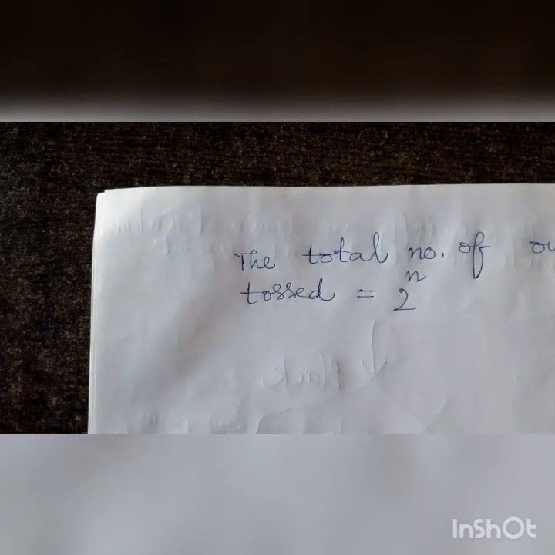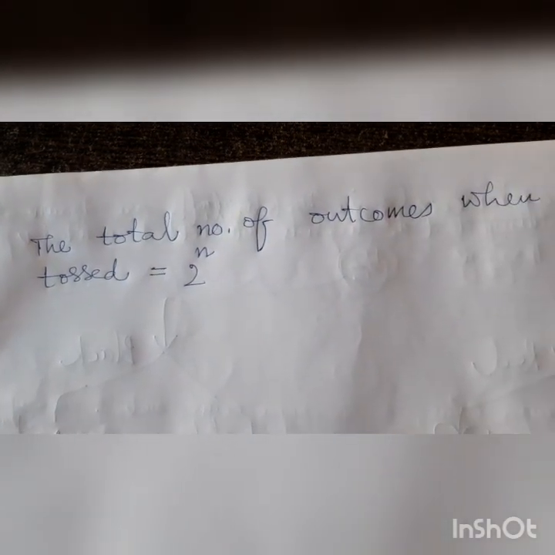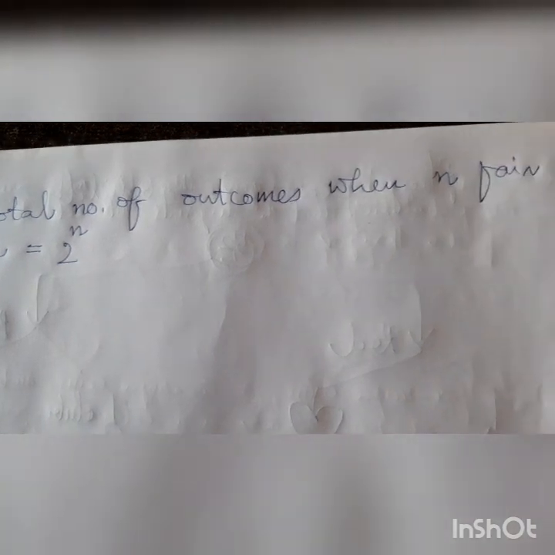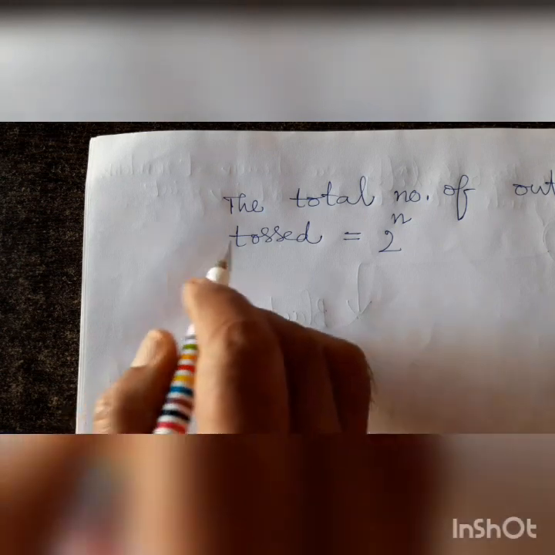You have to observe it. The total number of outcomes when n fair coins are tossed equals 2 power n. This is a very important point.